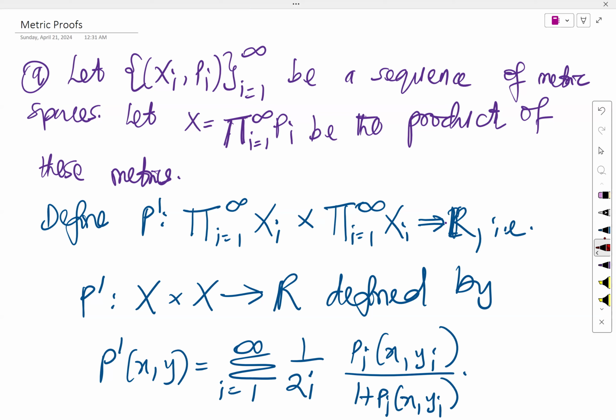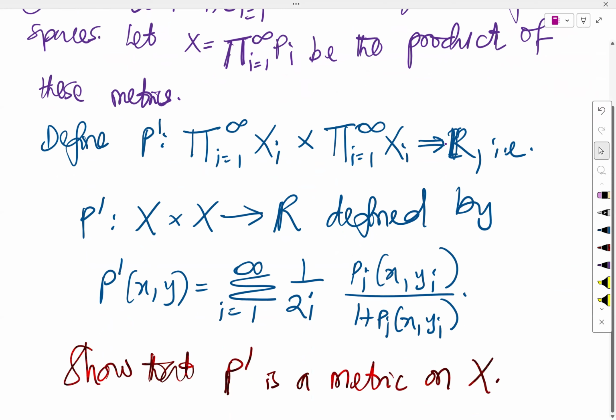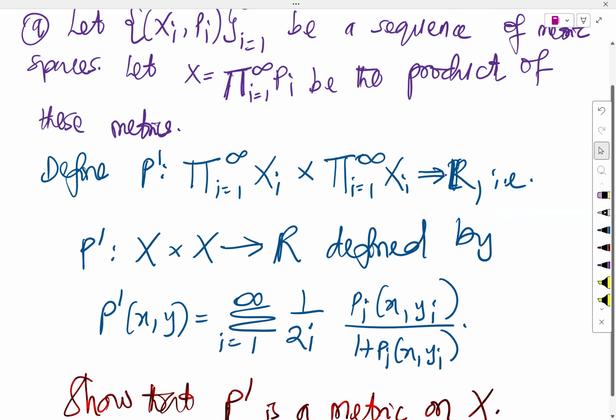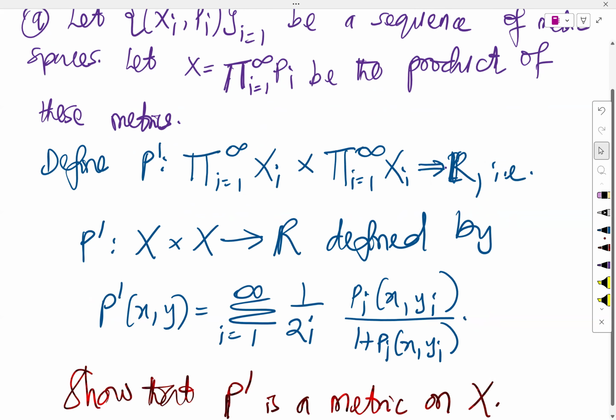Then define p prime as a map from X times X to the real number system, defined by p prime of x comma y equals the summation from i equals 1 to infinity of 1 over 2 to the i, pi of xi comma yi all over 1 plus pi of xi comma yi. We have to show that p prime is a metric on X.